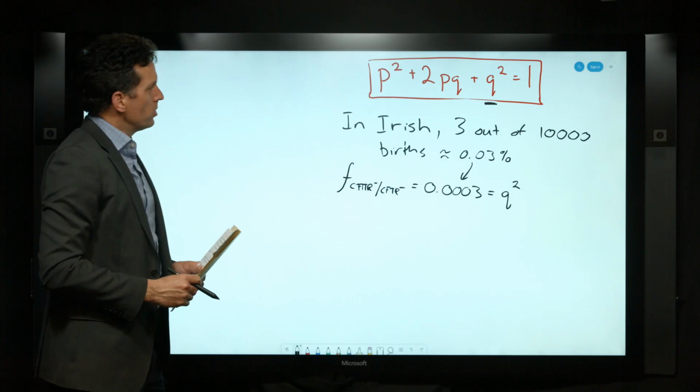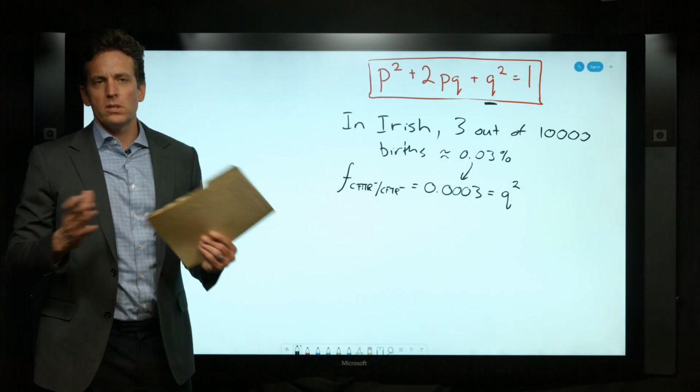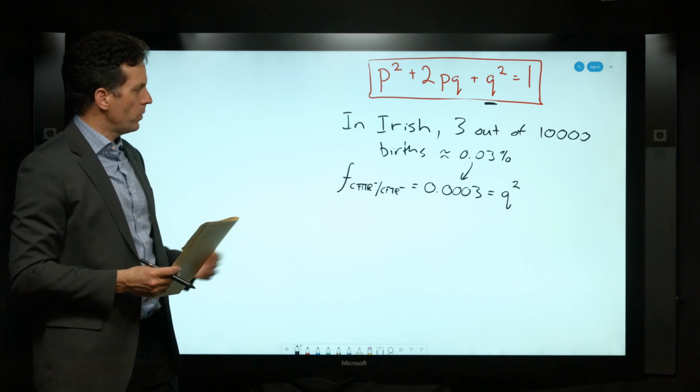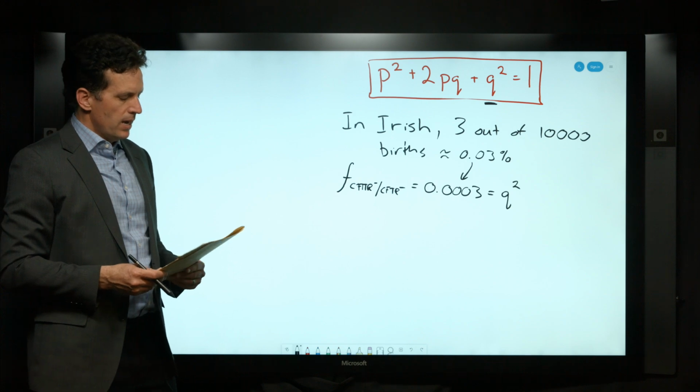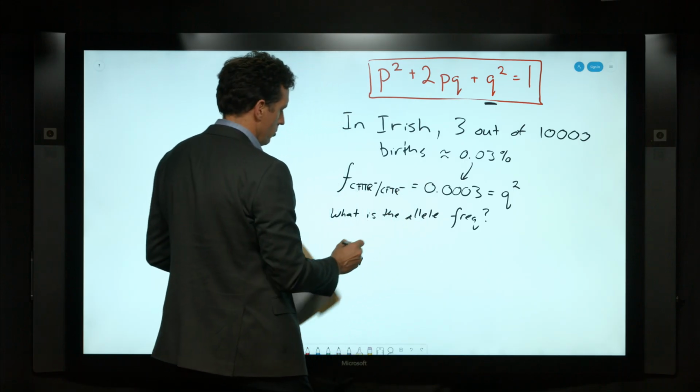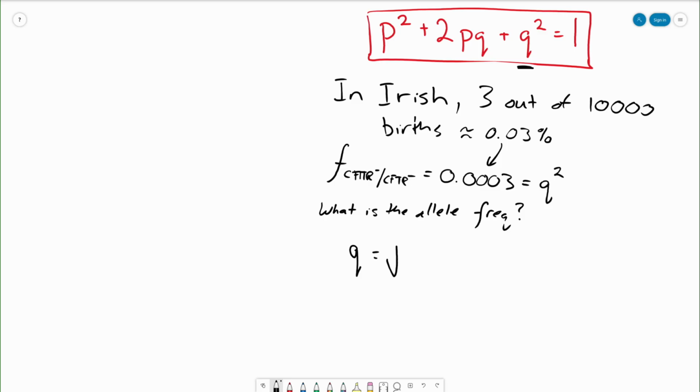Given that we know that the current genotype frequency in the Irish population is our q squared, or 0.0003, we can ask, what is the allele frequency? To do that, what do we need to do? We need to determine q, which of course we just take the square root of our q squared. So that's going to be the square root of 0.0003.